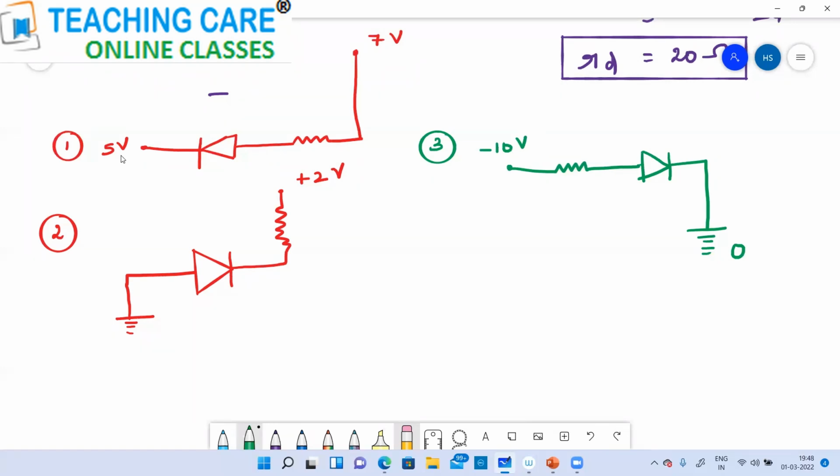Yes, it is also reverse biased because P side is at higher potential, minus 10 volt, and this is at lower potential. Correct.